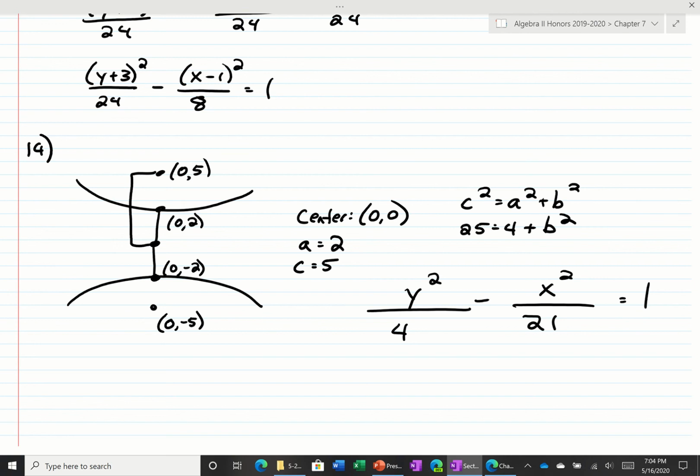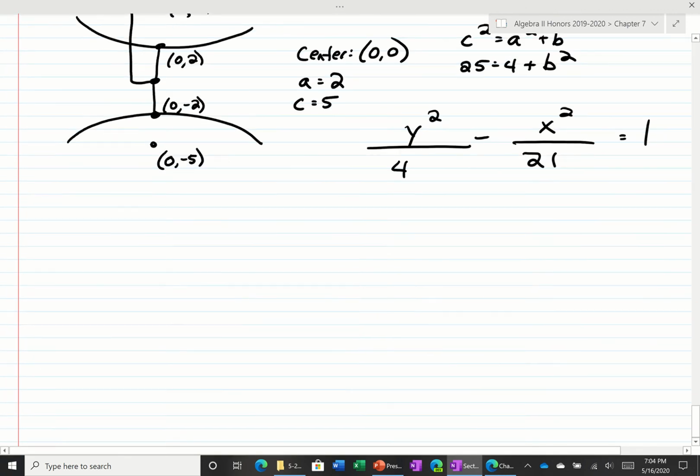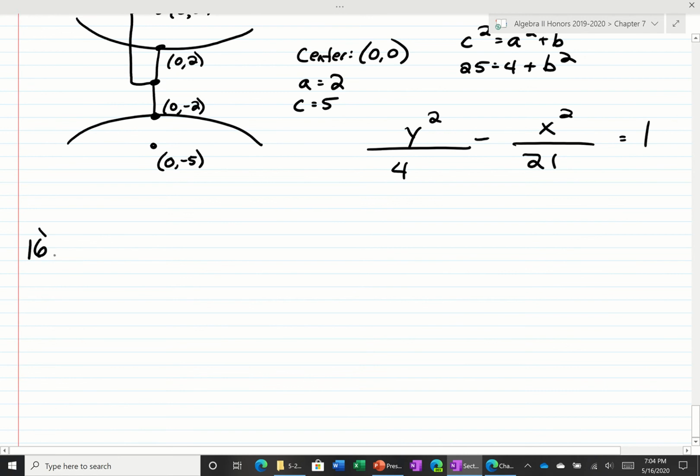Let's see what else. 16, 17. Alright, so those are graphs, and 17 is just like this. 16 is actually going vertical. So for number 16, it looks like this. It looks like the center would be 0, 0 again. We have 2, 0, and we have another focus at 4, 0.